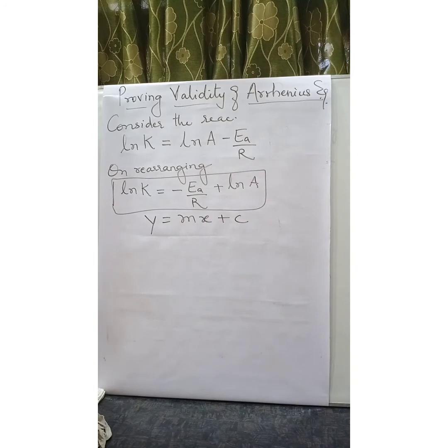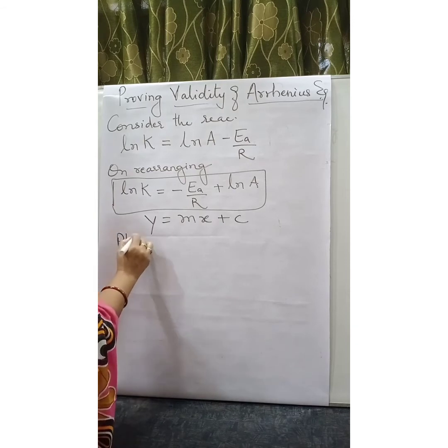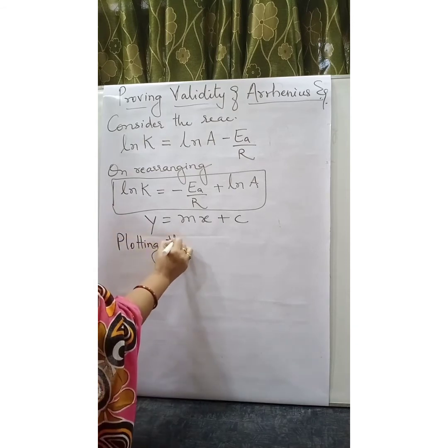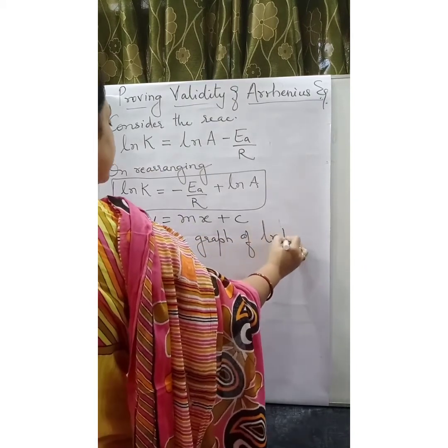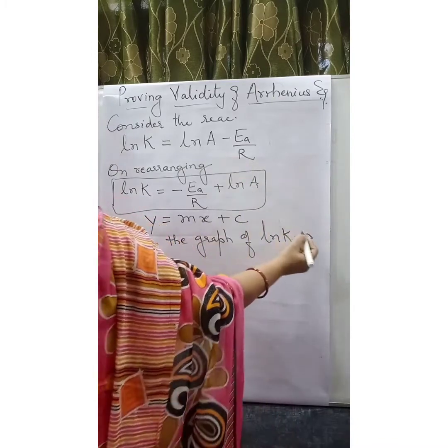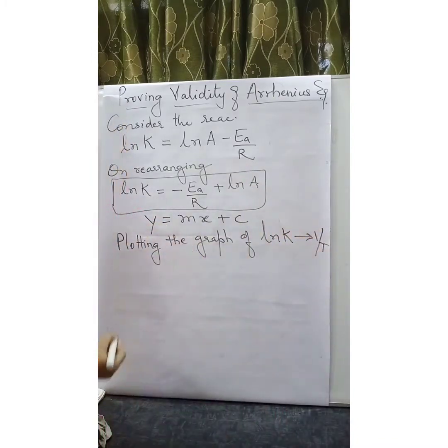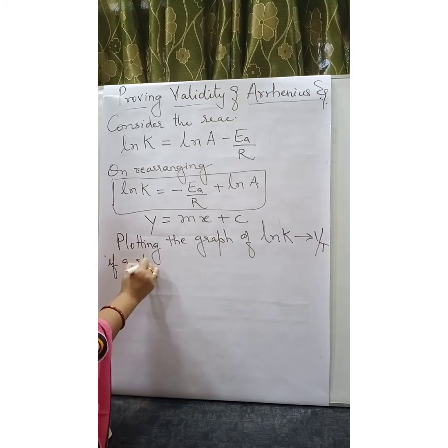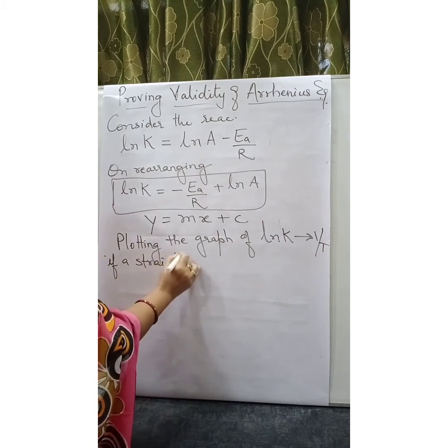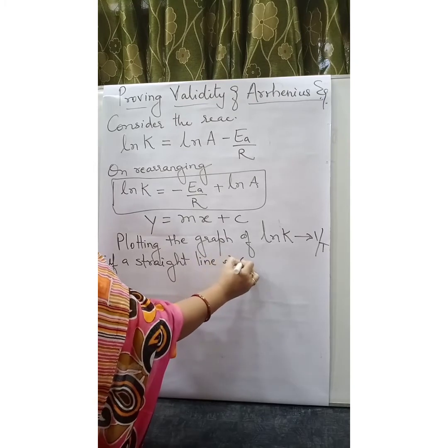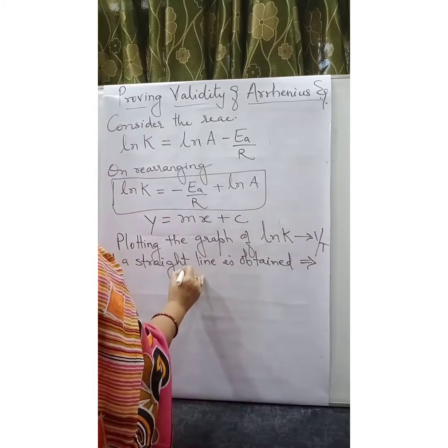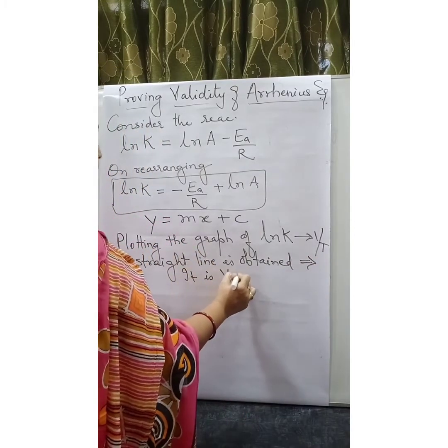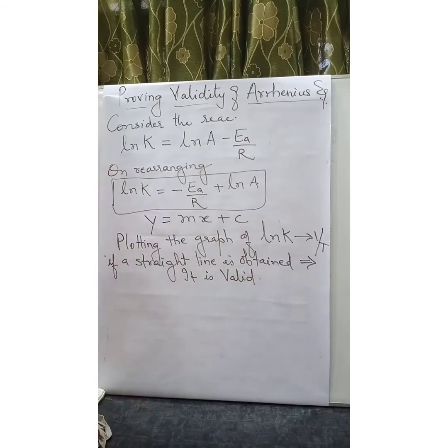Plotting the graph of ln k against 1 by T, if a straight line is obtained, it means the Arrhenius equation is valid.